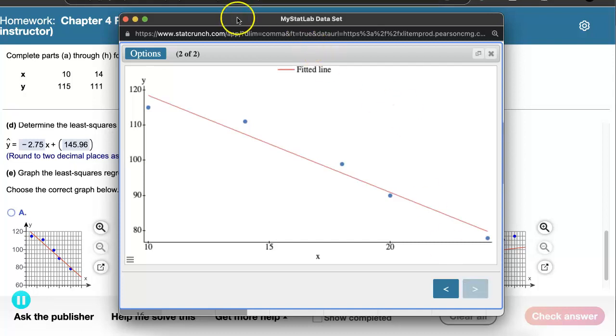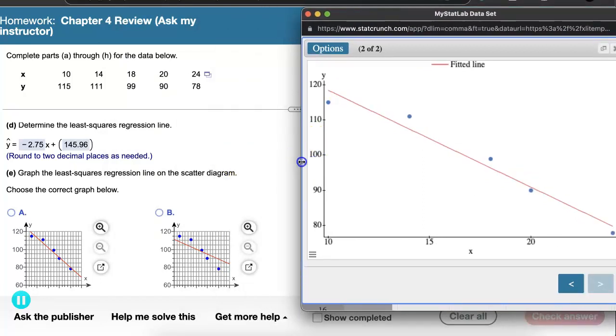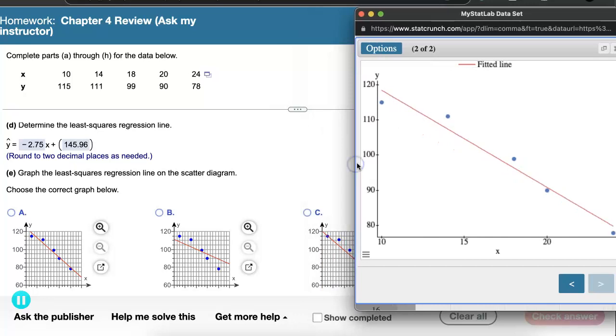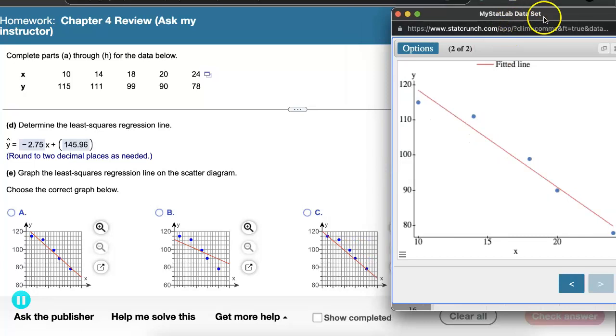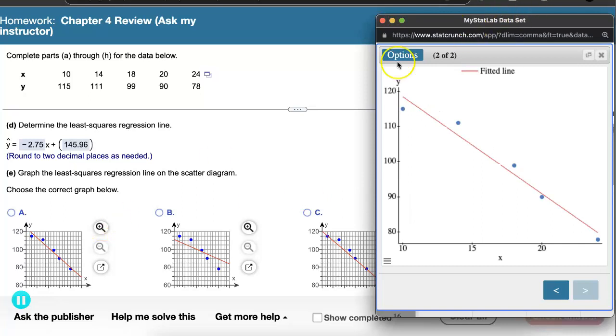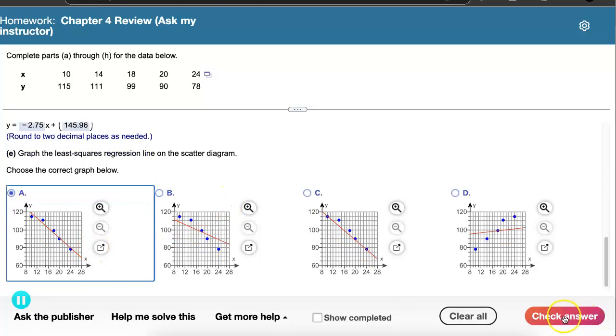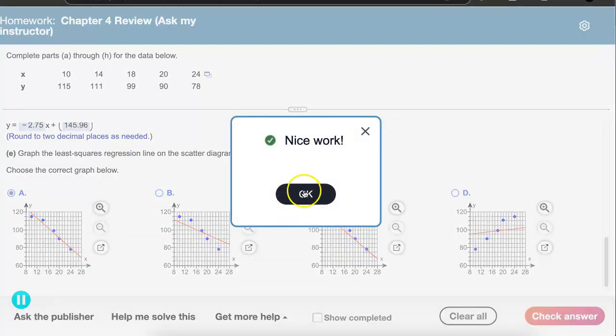So I just want to make sure I'm picking the best choice that matches my scale and the look of the graph. You may even want to condense it down just a little bit so it looks a little bit closer to the shape that we have here in our choices. And after I've looked at those choices, I'm thinking that choice A is the best choice that matches what I had in StatCrunch.